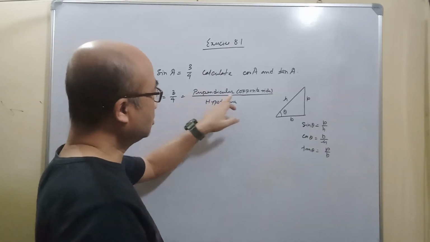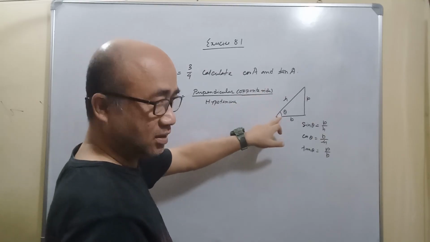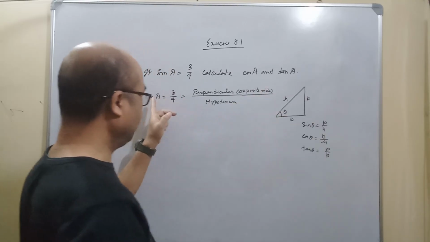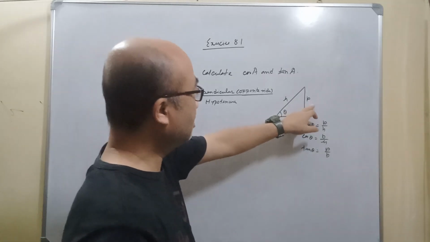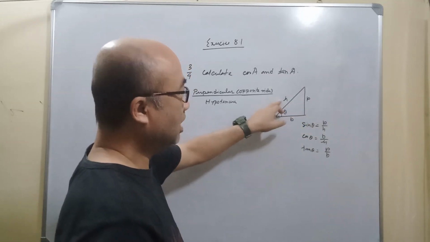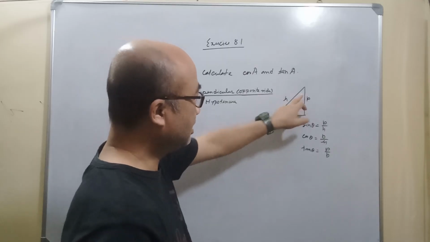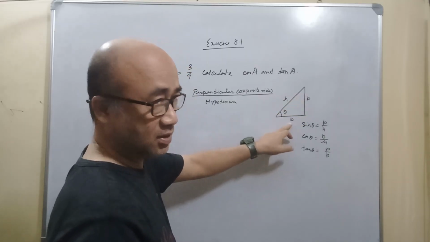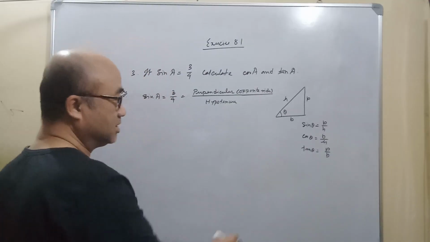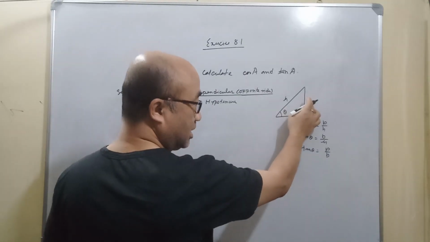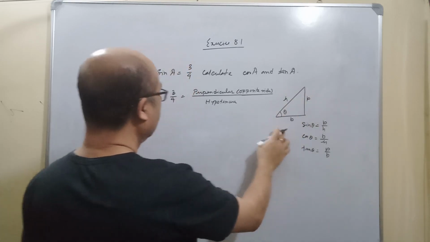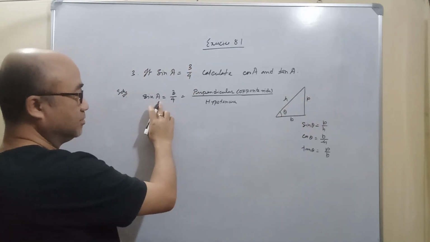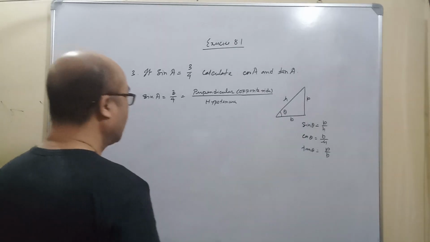It can also be called the opposite side of the angle. Here theta is A. So this is perpendicular, this is base, this is hypotenuse. If theta is this angle, then this side is perpendicular. So perpendicular by hypotenuse is sin A, right?